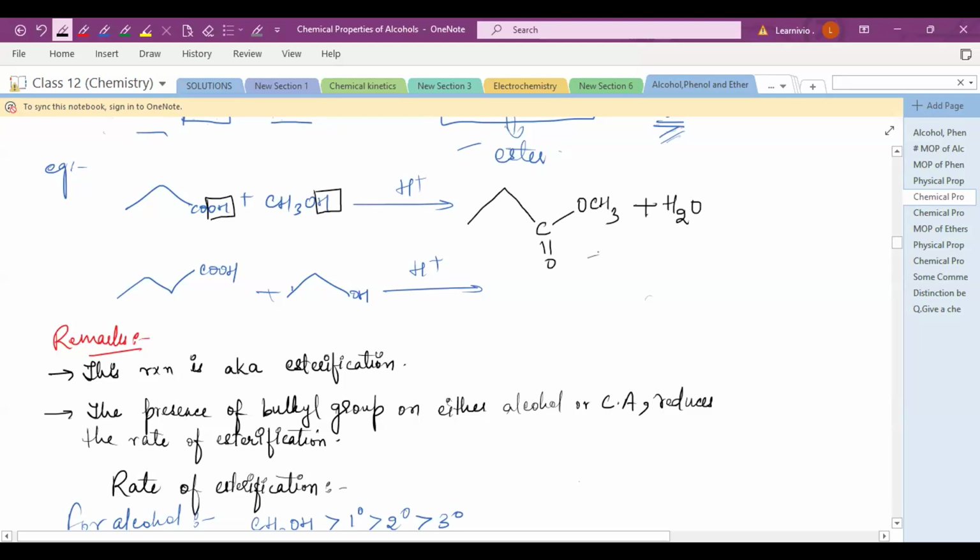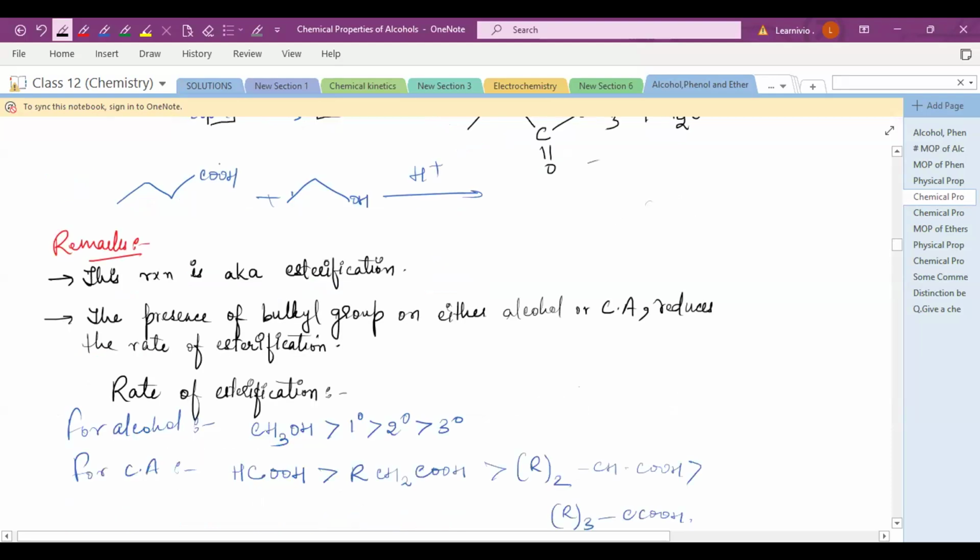The mechanism is very simple. The OH group from the carboxylic acid and the H from the alcohol are removed as water, and this is a 4 carbon chain, and here the O group is present.